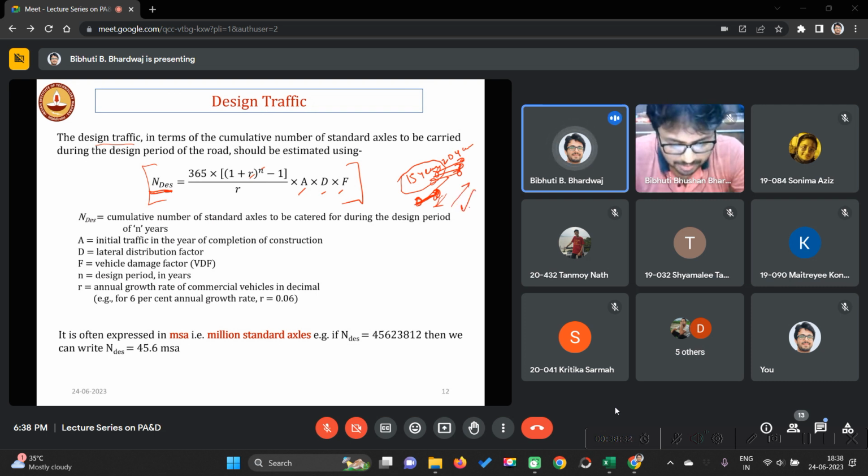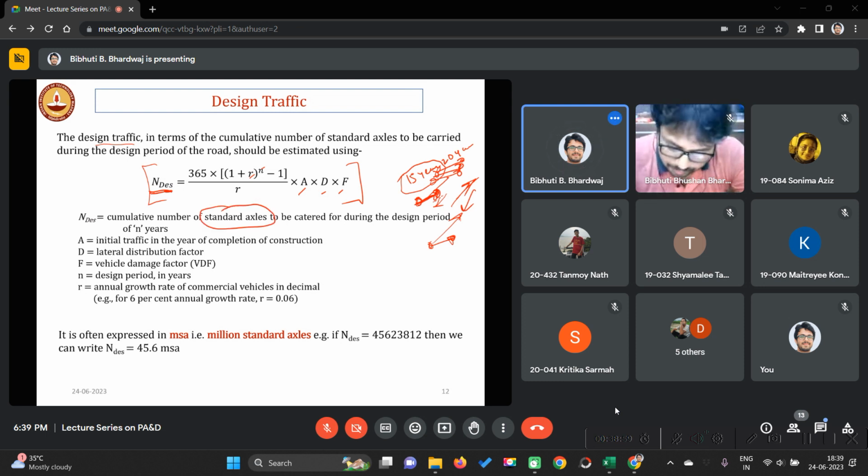It may go like this, it may come like this. This same vehicle may go 100 times in a year on the same road. So all those things will be calculated, and finally we will find out how many axles will go through that road. And it is not only how many axles, it is how many standard axles. So what is a standard axle?